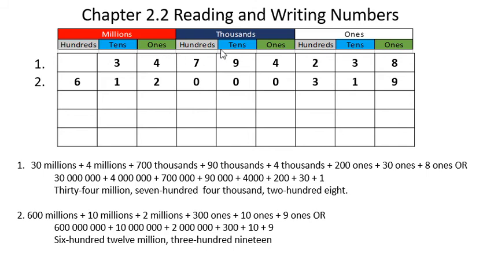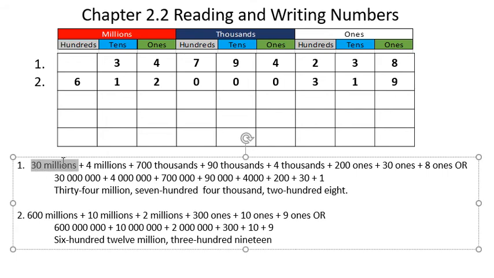I'm going to rewrite the number down here in expanded form. There are a couple of different examples for expanded form, and they're both accurate. So this 3 here is in the 10 millions column. So we have 3 of the 10 millions. That means we have 30 millions, and that's right there. This 4 is in the 1 millions column, so that's 4 millions.